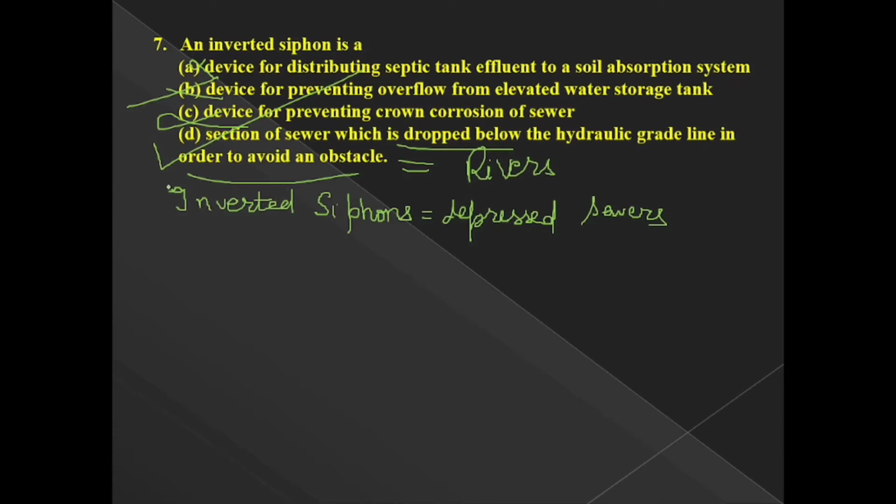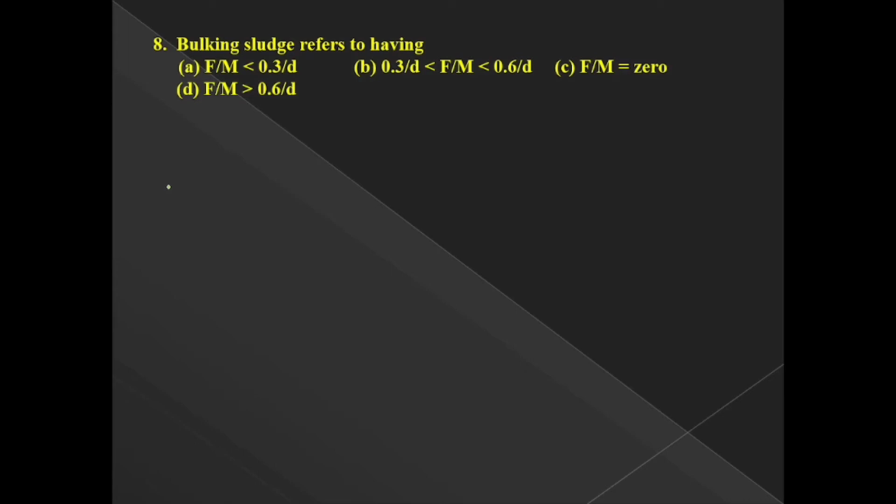Now the next question is, bulking sludge. Basically my dear students, sludge bulking is due to low F by M ratio, low nutrient concentration, high sludge age, as we had discussed.